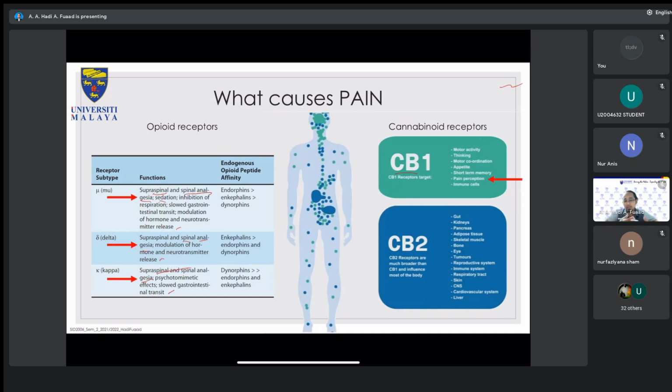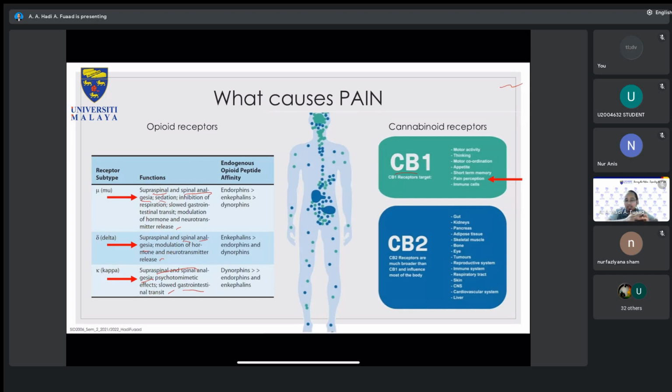So there are some that are similar in all three, but there are also some that are a bit more specific. For example, for gastrointestinal, there are kappa opioid receptors, but a lack of mu and delta. It doesn't mean there are none, but there's a lack. In biology, you can't really say there's nothing at all, because there could be receptors in some other person, not the person they are investigating.